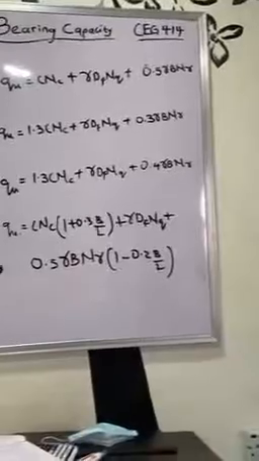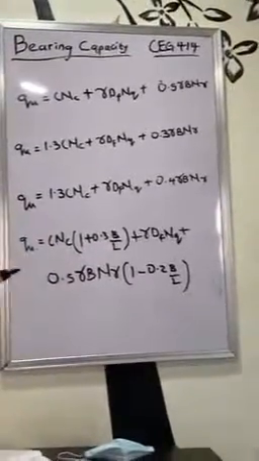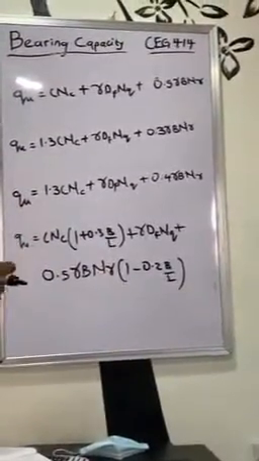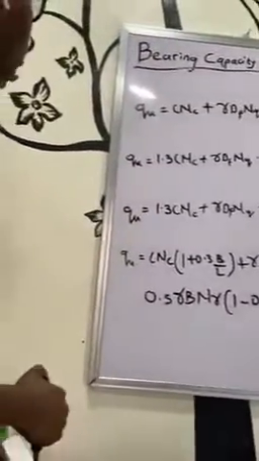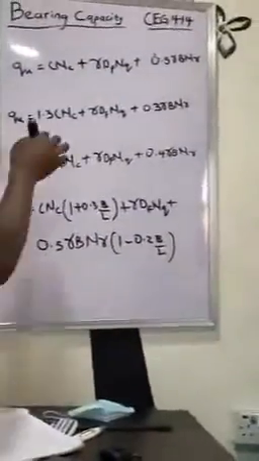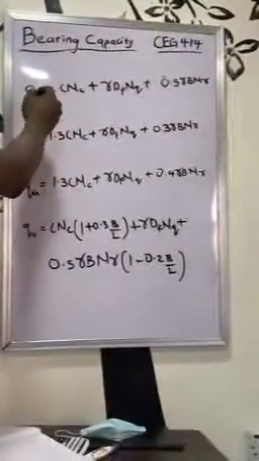So a guy named Terzaghi long ago worked on shallow foundations and gave four formulas for different types of shallow foundations. In this formula, q stands for ultimate bearing capacity.